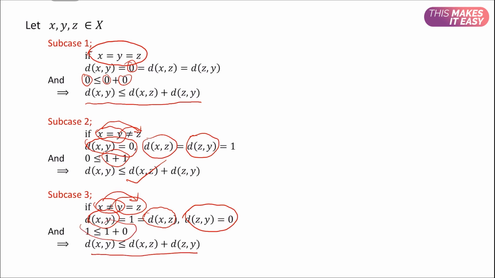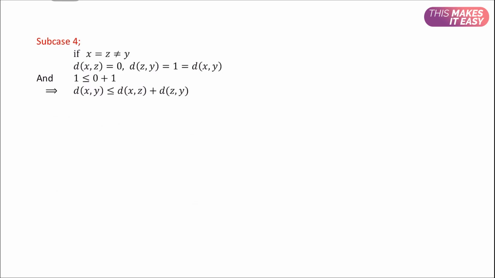Again the triangle inequality condition has been satisfied. In the fourth case, x is equal to z, so the distance will be 0. But x is not equal to y, so the distance will be 1. And z is also not equal to y, so the distance will be 1. So again the triangle inequality says 1 is less than or equal to 1. The triangle inequality has been satisfied.